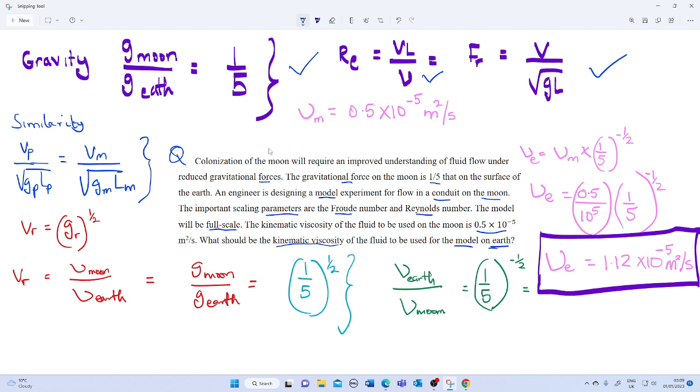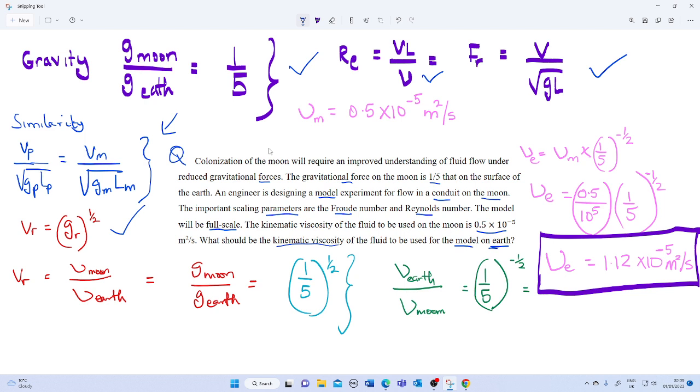Now, by applying the law of similarity for the prototype and the model, we can juxtapose the Froude number equation to be VR equals GR raised to the power 1/2.